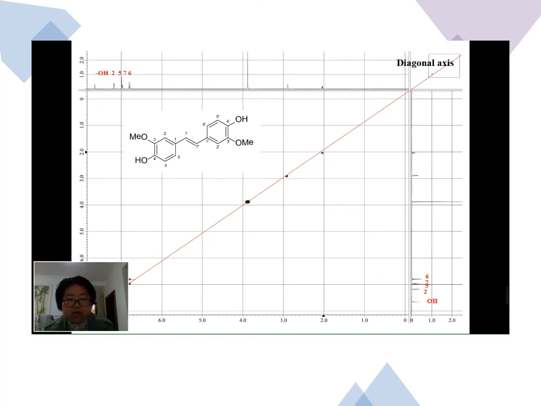Each cross peak is made of a vertical line and a horizontal line parallel to the F1 and F2 axes to obtain the chemical shift of two mutually coupled nuclei. So from the cross peaks, the correlation of each coupling hydrogen can be established.